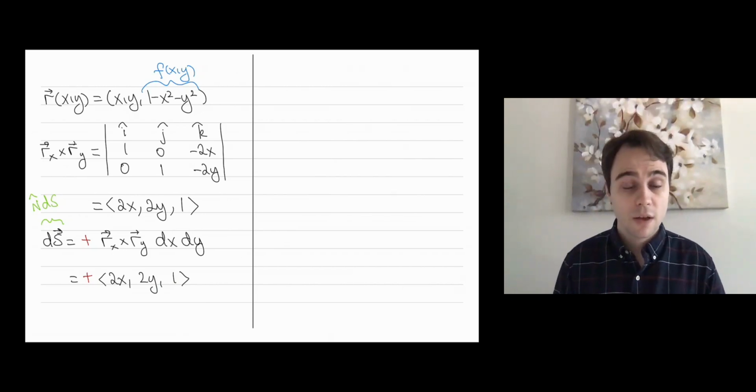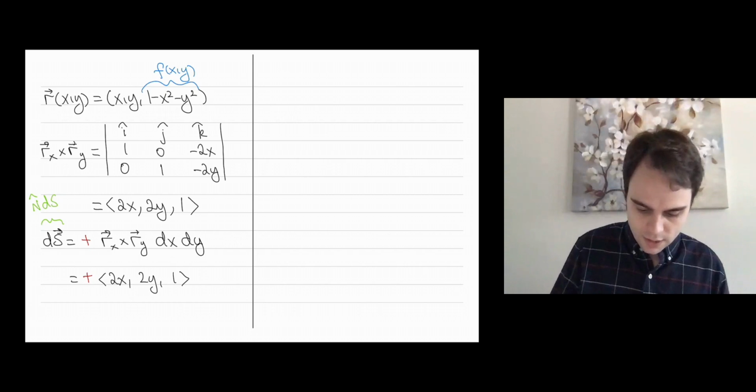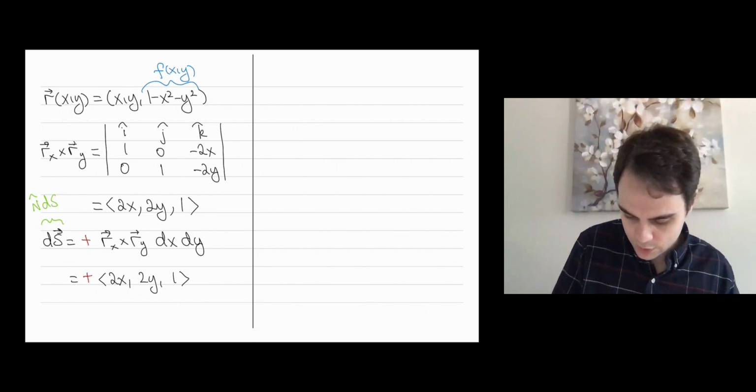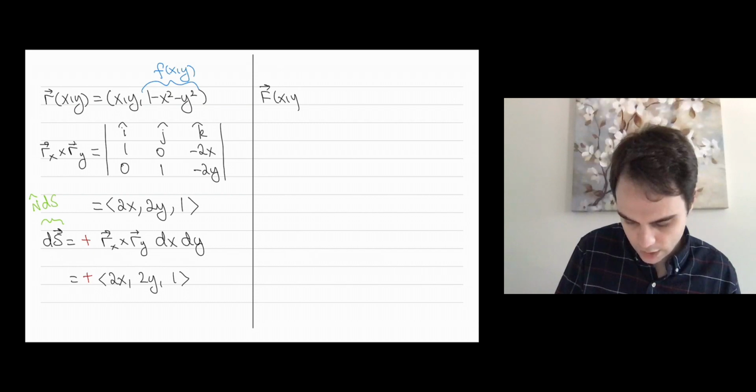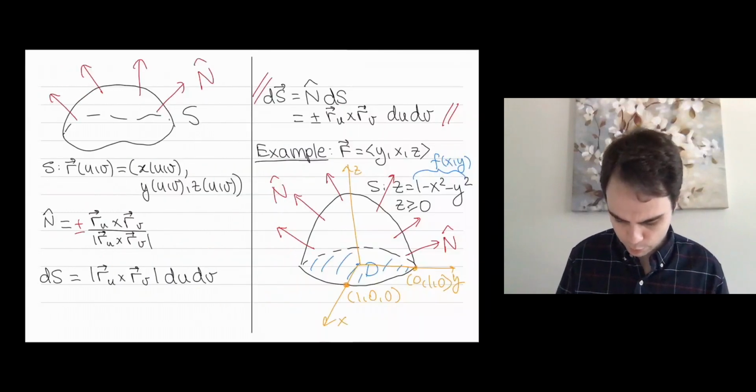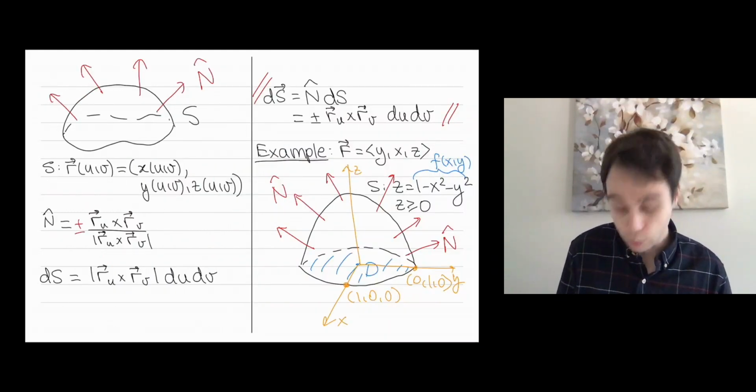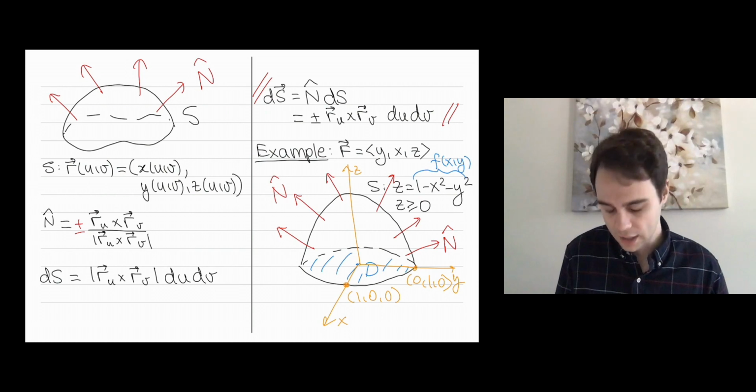Okay, so we have r, and finally we should express our vector field. To compute the integral, we have to express our vector field in terms of x and y. So F of r of x, y: I'm expressing the vector field in terms of the two parameters, x and y.